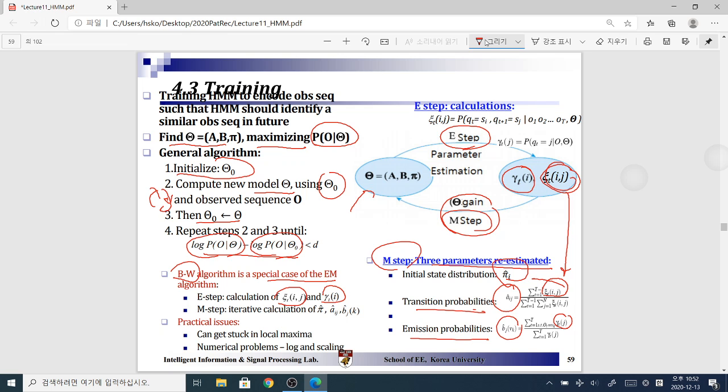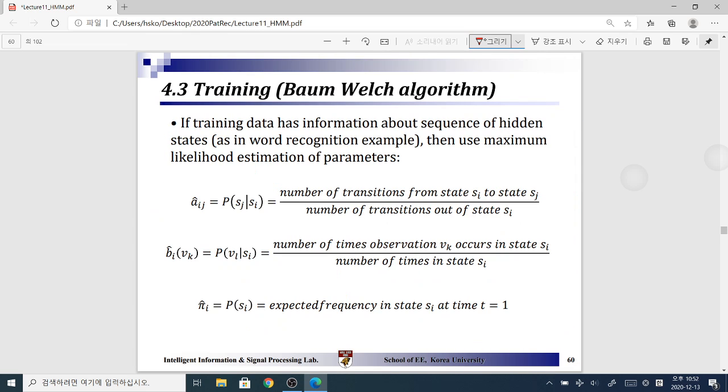Now there are a couple of practical issues. The EM algorithm can get stuck in a local minimum or local maximum. There could also be some numerical problems having to do with the log and the scaling, which is not really that important at this point.